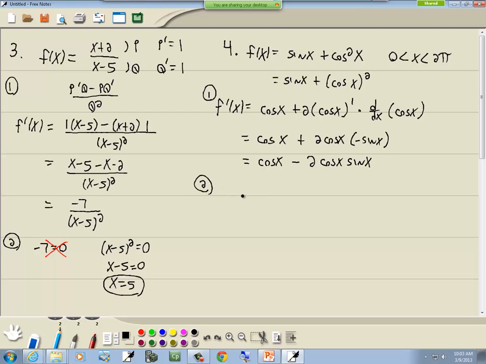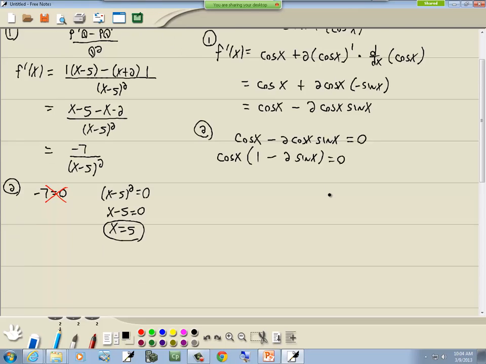Step 2, we want to set this equal to 0. So we've got cosine x minus 2 cosine x sine x equal to 0. Now I notice that they have something in common. They both have a cosine. So I'll factor out cosine, and that leaves me a 1 there, minus 2 sine x, equal to 0.